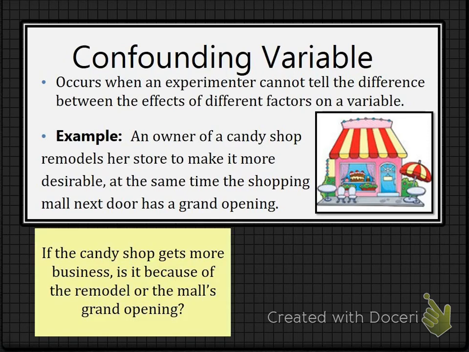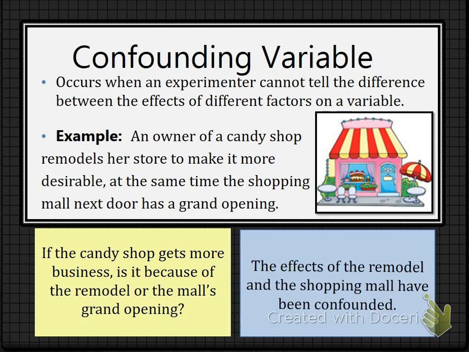So now the question becomes, if she sells more candy, is it because of the remodel and the store looks nicer, or is it because the mall next door had a grand opening and there's a ton of people there already and they're just trickling over to buy more candy than what they would have otherwise, right?